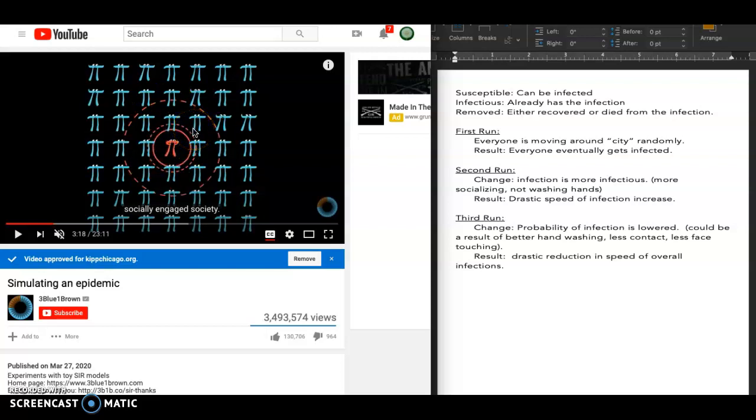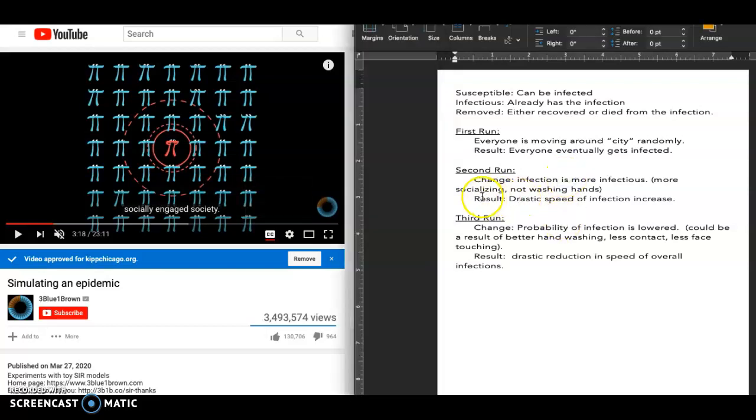Now, in a simulated model, that just means that the closer you are to someone who is infected, so these little guys here, their chances of getting sick are now greater because they are inside the radius. But in the real world, that could actually connect to socializing without any concern, not washing hands, touching face without washing hands.